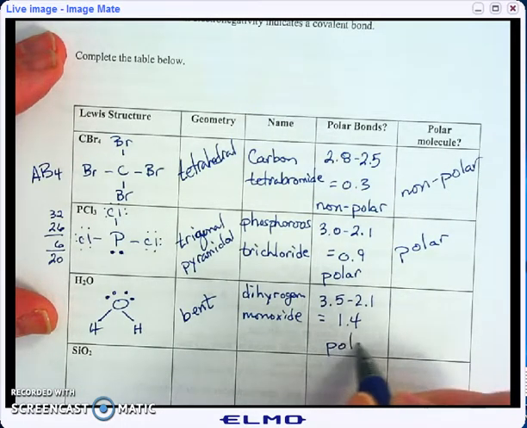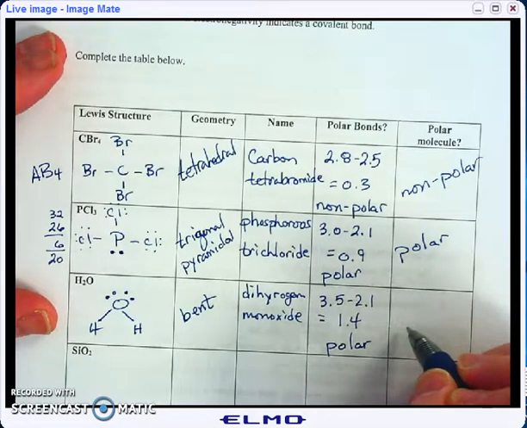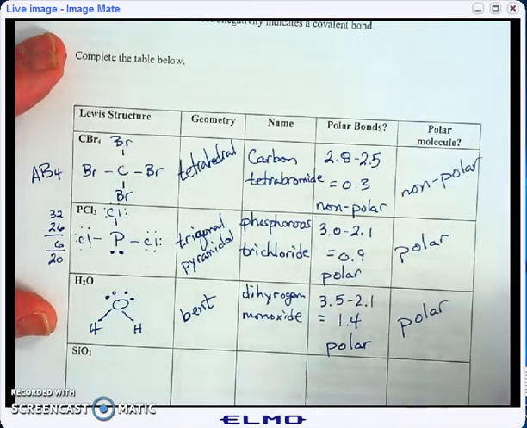Polar. And the molecule, Heather? Polar. In fact, it's got 2 lone pairs, which makes it even more polar.